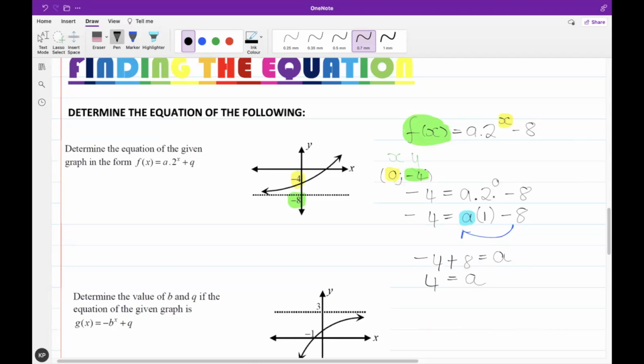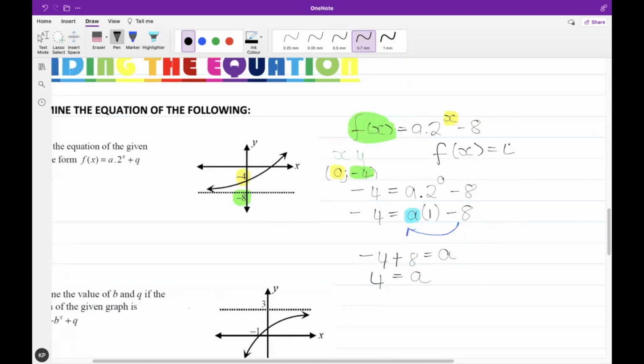So then my equation will be f of x is equal to a, which is 4, times 2 to the power of x minus 8. Okay, are we happy?